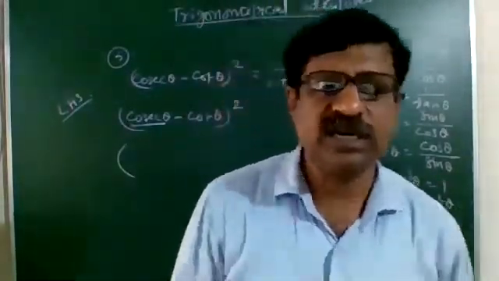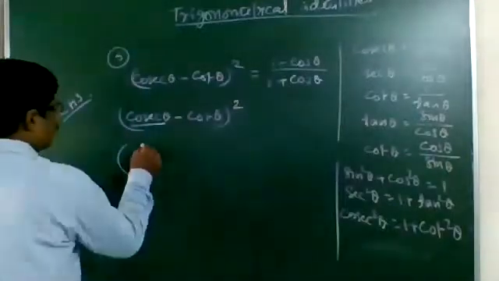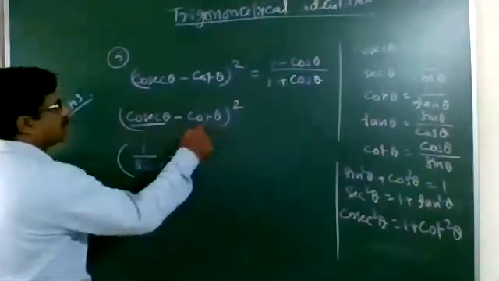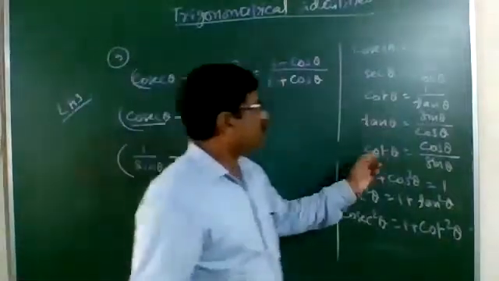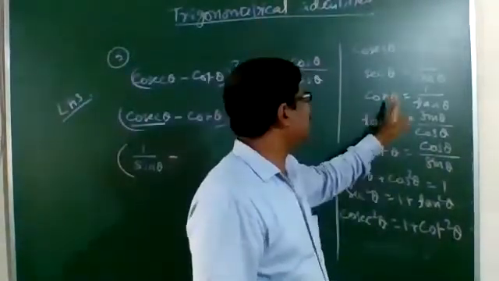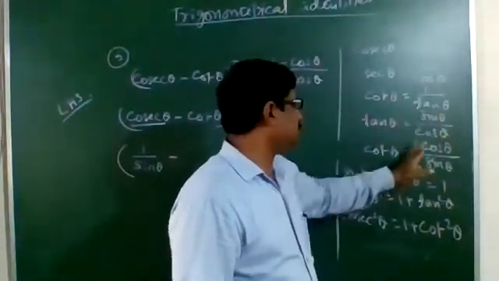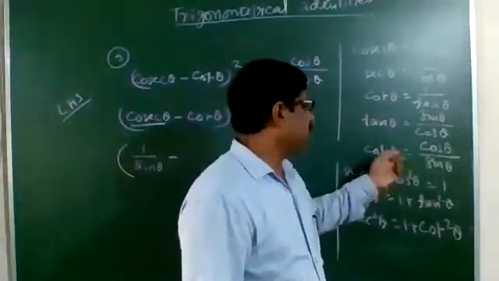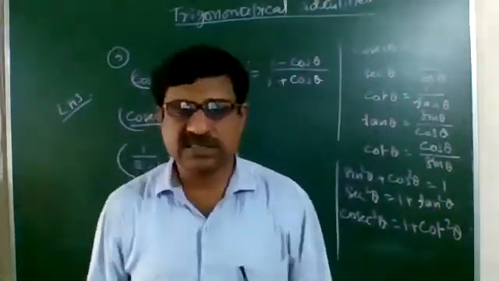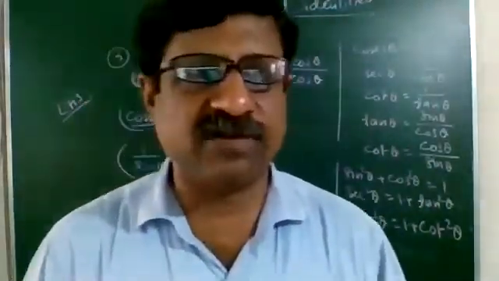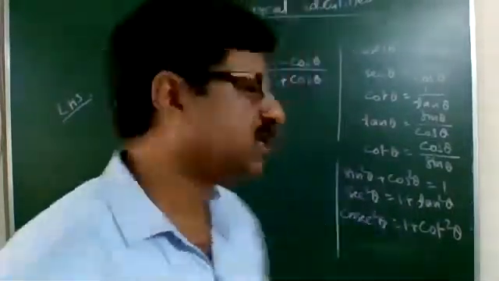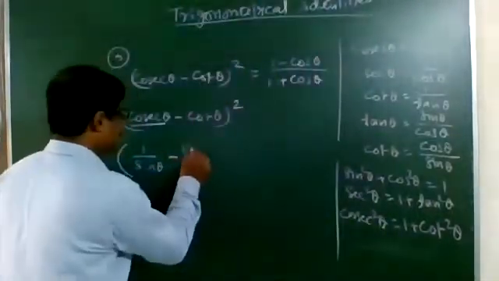Therefore, cosec theta can be written as 1 by sin theta minus cot theta. We have two formulas for cot theta: cot theta is 1 upon tan theta and cot theta is cos theta upon sin theta. We will use the one in which cot theta is converted in terms of sin and cos. Therefore, write cos theta upon sin theta.